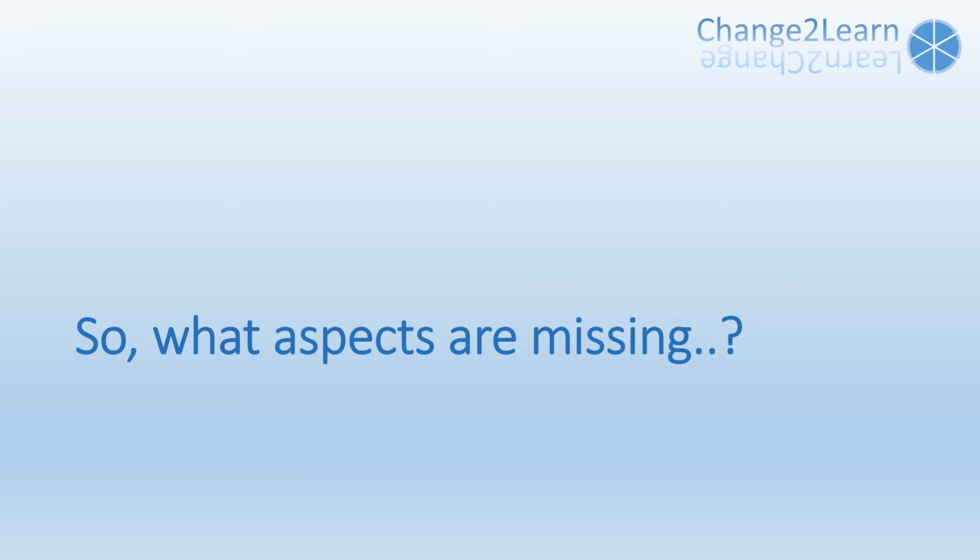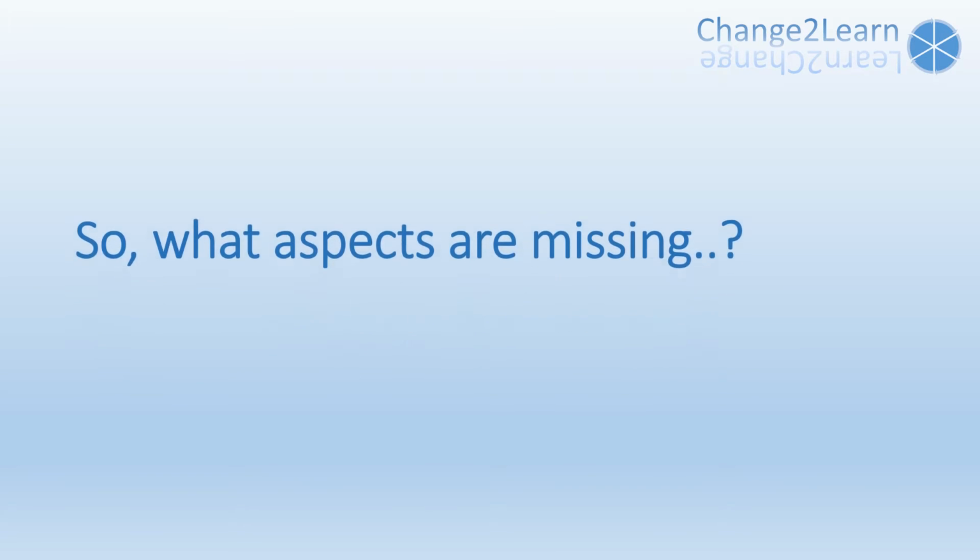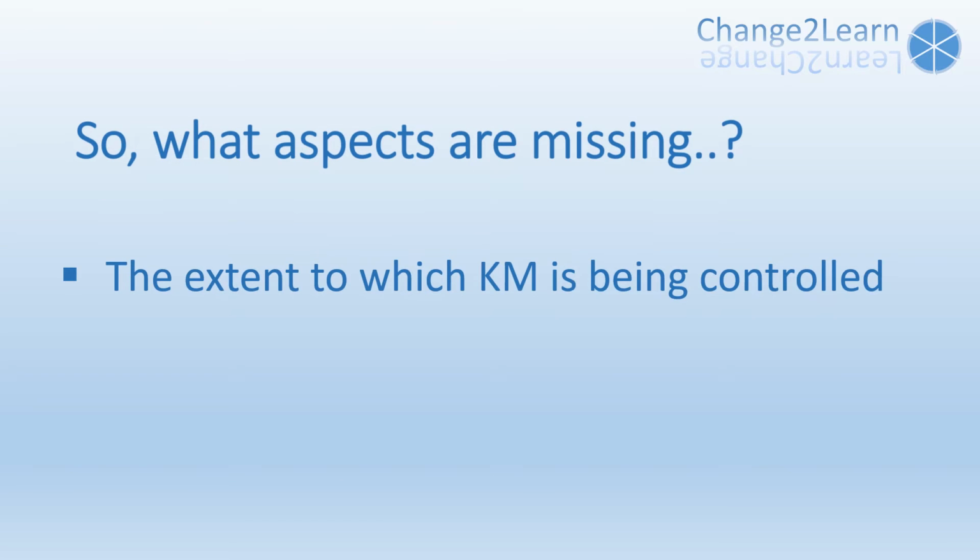So, what is actually missing? First, the extent to which knowledge management is being controlled. In the field of knowledge management, there are different lines of thought about this subject. Whether one should leave room for exploration and self-directedness, or steer the direction of knowledge management activities, for instance, led by the company's strategy.